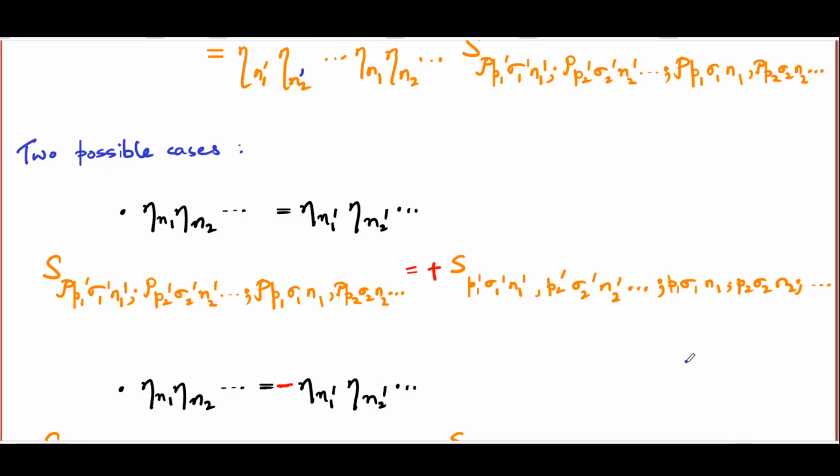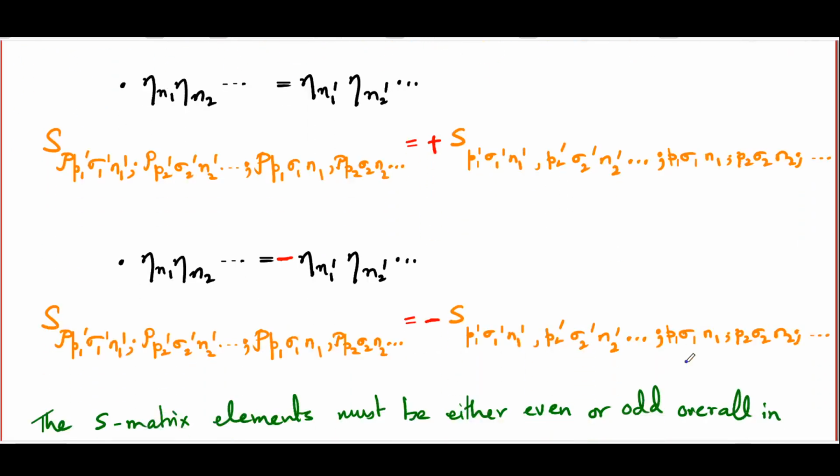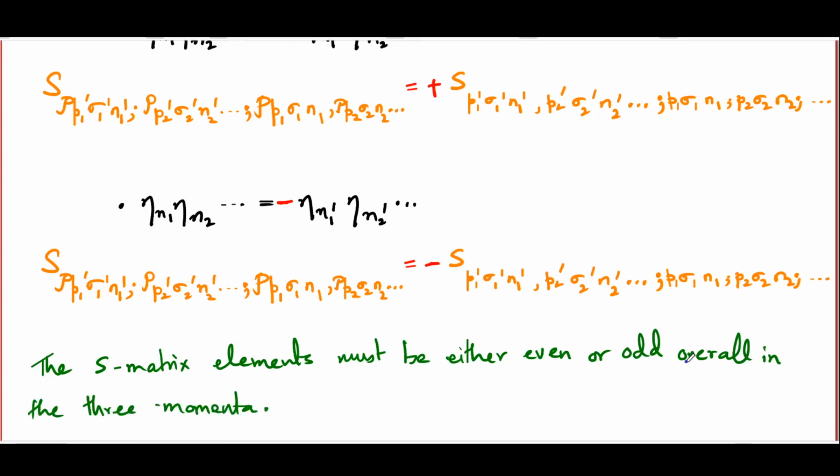Of course, in this case they can only differ by a minus sign, and then the S matrix element will also pick up a minus sign under the reversal of all the three vectors. So the overall result is the S matrix element must be either even or odd overall in the three momenta, and this actually puts a huge restriction on possible reactions.